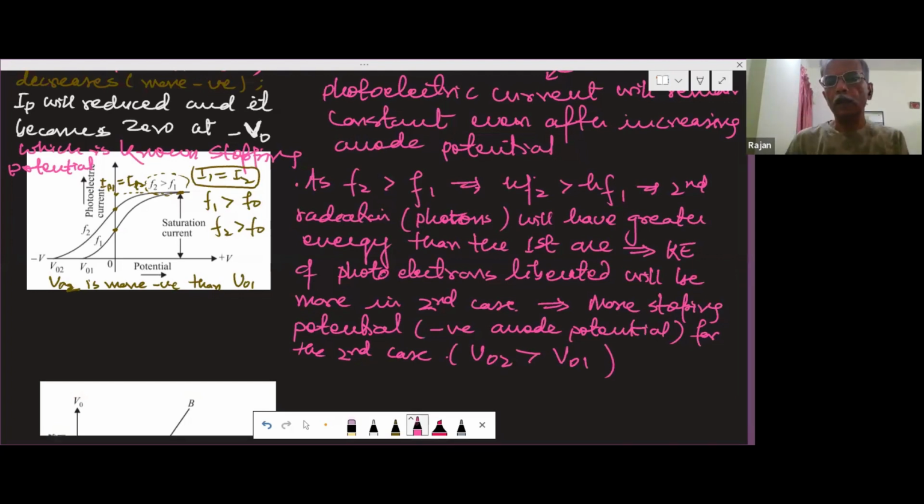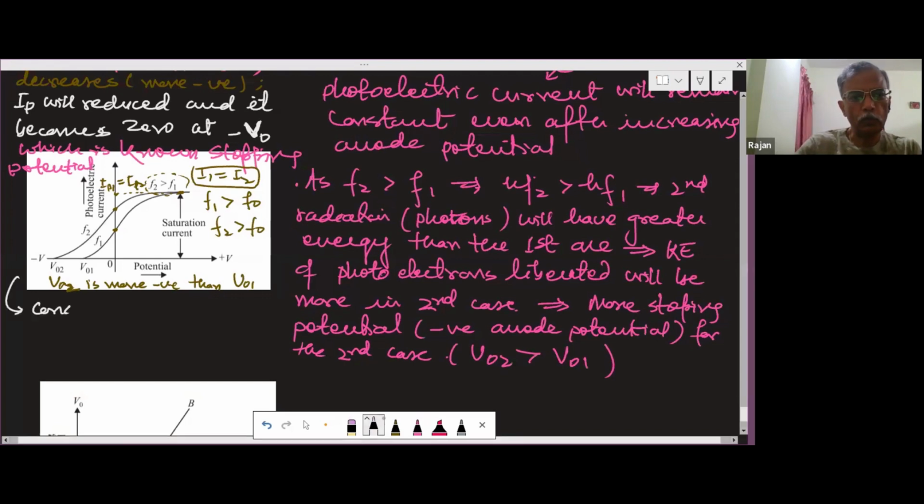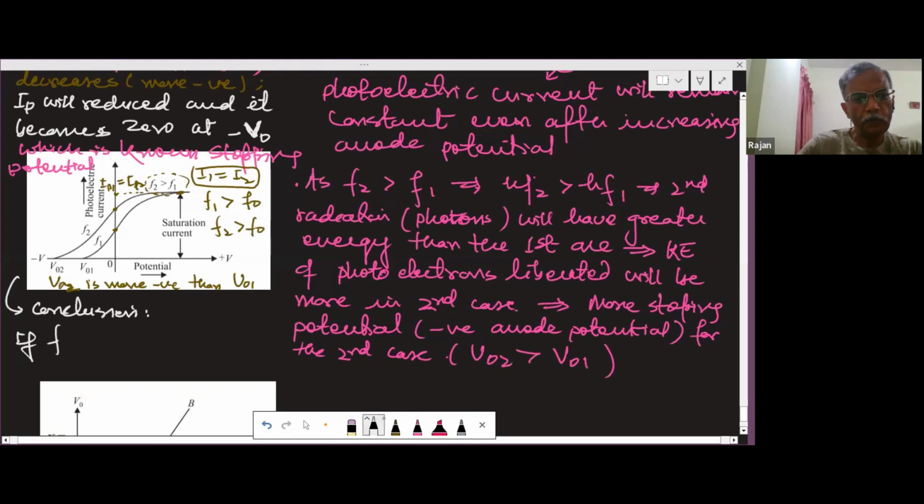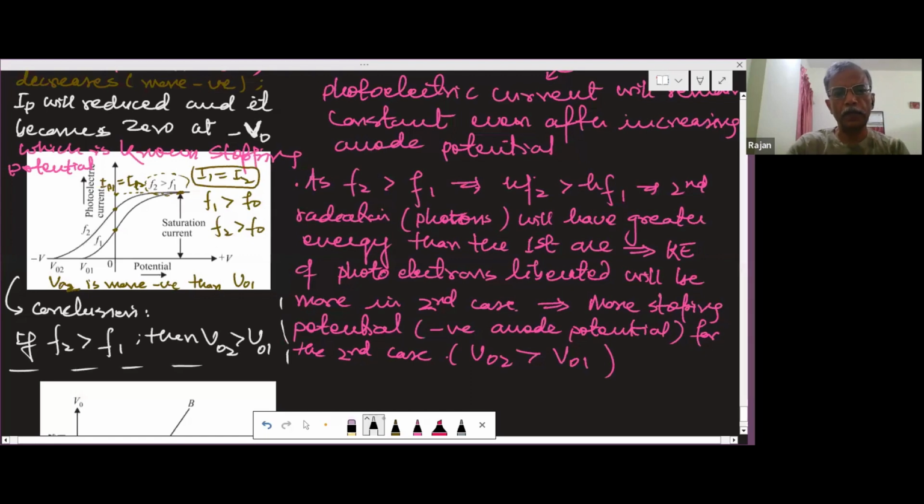So finally, we conclude if F2 is greater than F1, you will get VO2 greater than VO1. This we are talking about the incident radiation. This is the final conclusion, out of which we'll have the questions.